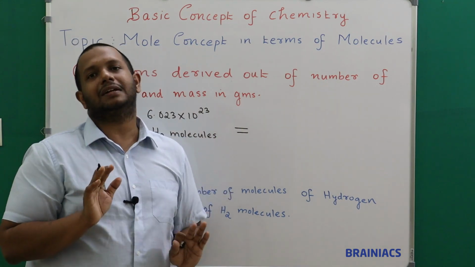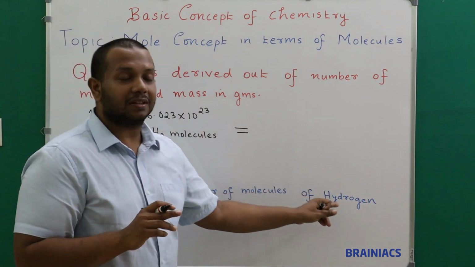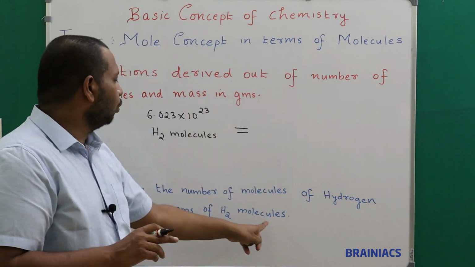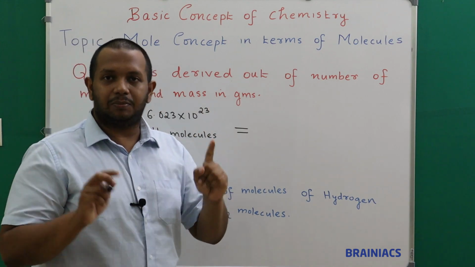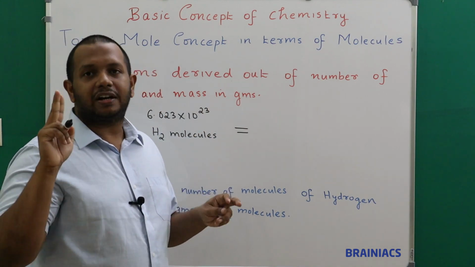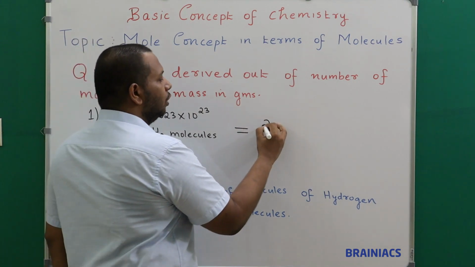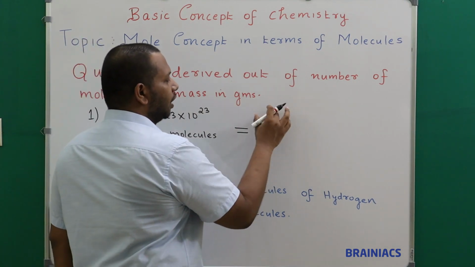Molecular mass in grams. Please consider that here it is not a hydrogen atom, they are mentioning hydrogen molecules. One hydrogen atom has a mass of 1, and two hydrogen atoms combine to form a single molecule, so the mass is 2, expressed in grams as molecular mass in grams.